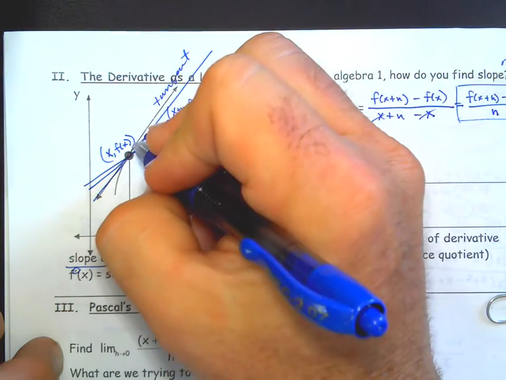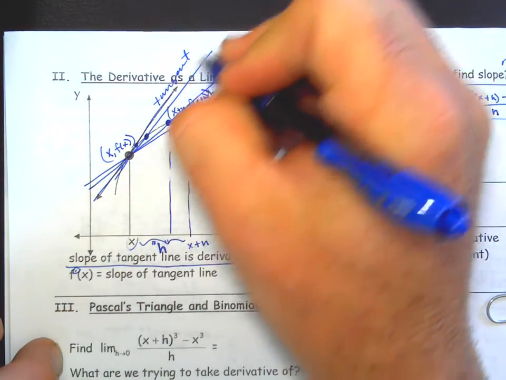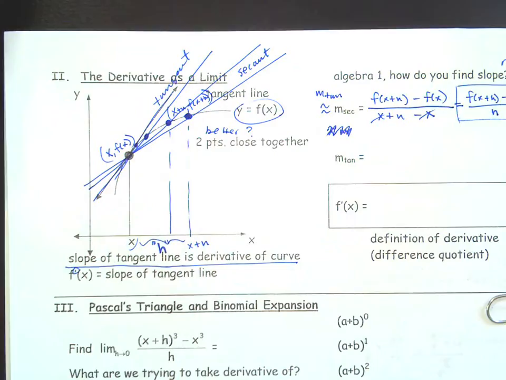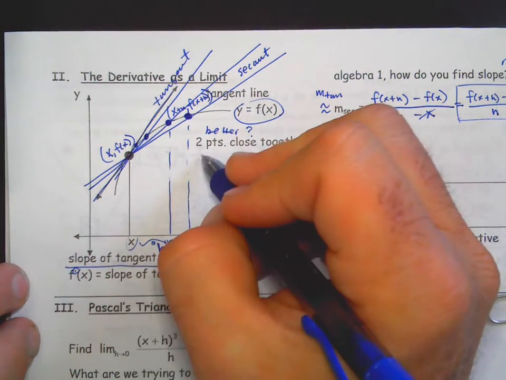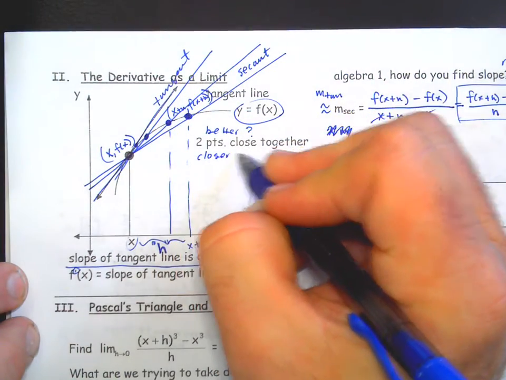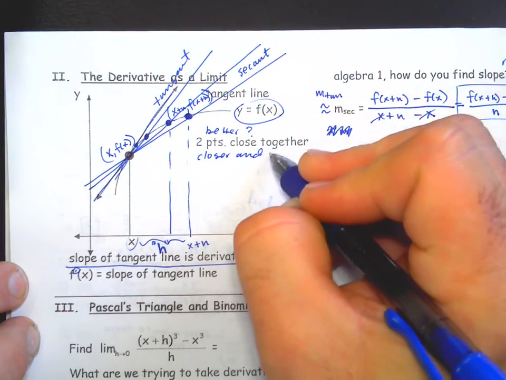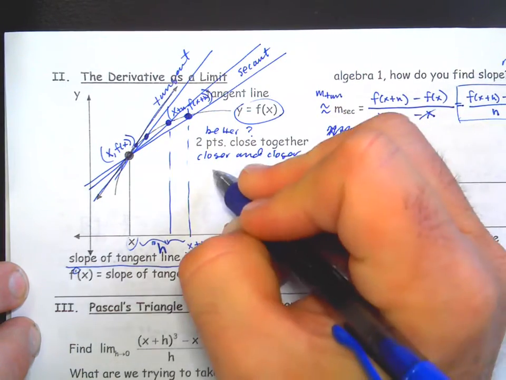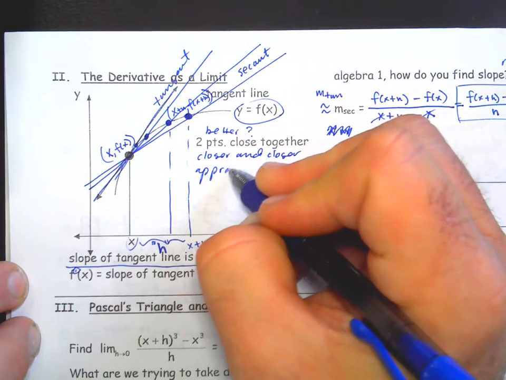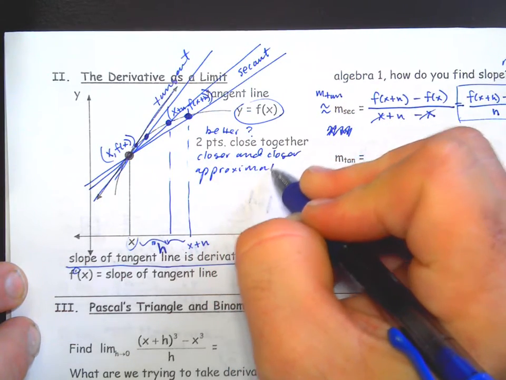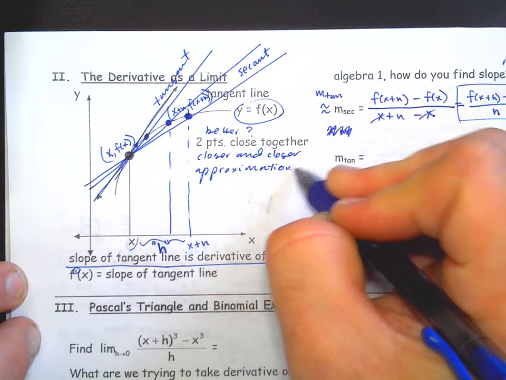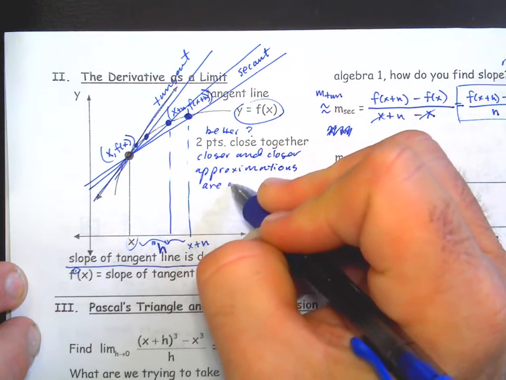And the closer and closer we move these points, the better and closer it gets to the actual answer. So closer and closer approximations are getting more accurate.